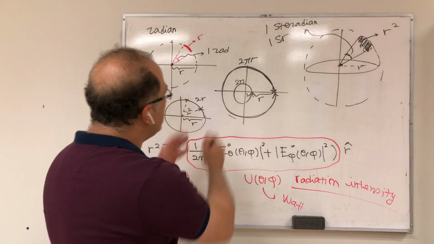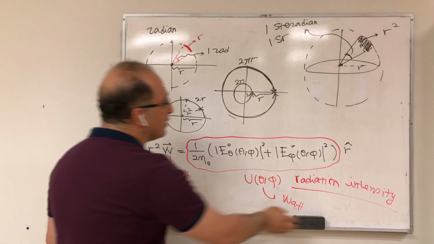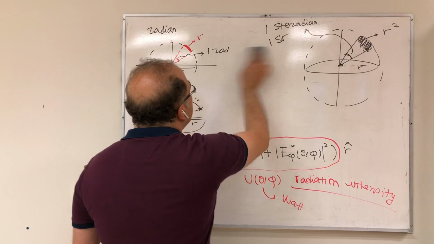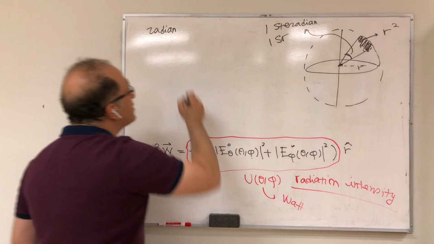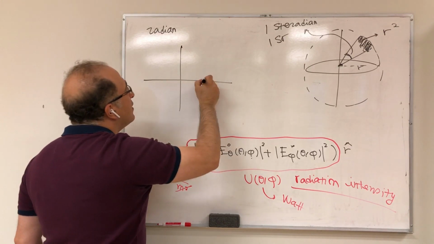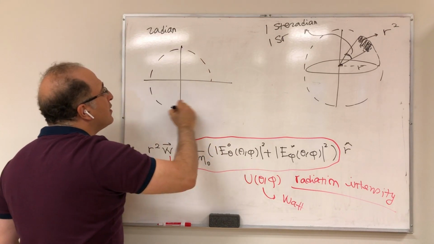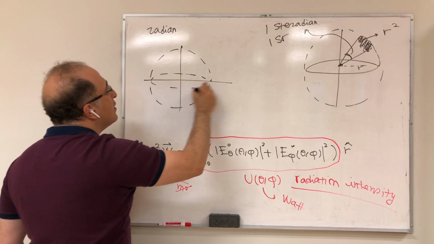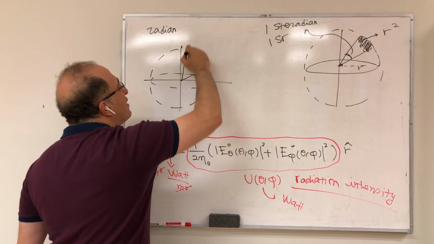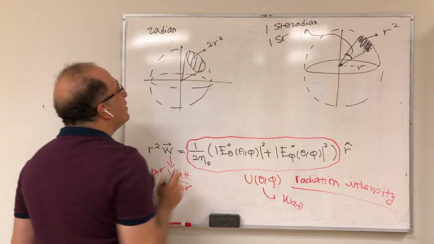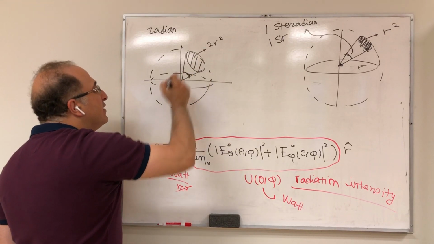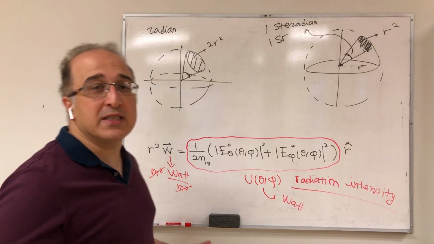Now, let's do the same thing that we did for radian. So now if I have a bigger area which is 2r squared, what would be this angle here? It would be 2 steradian.